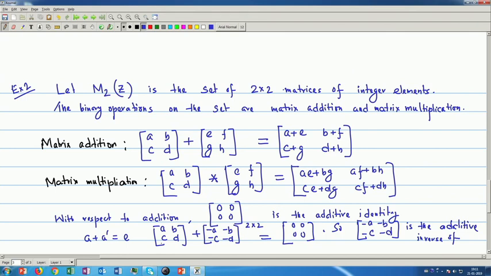Since the addition is element-wise and our normal addition has the closure property, obviously for matrix addition also, the closure property holds.